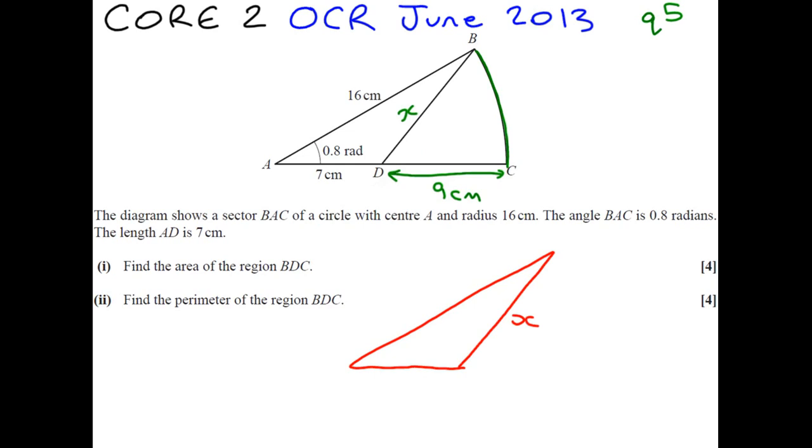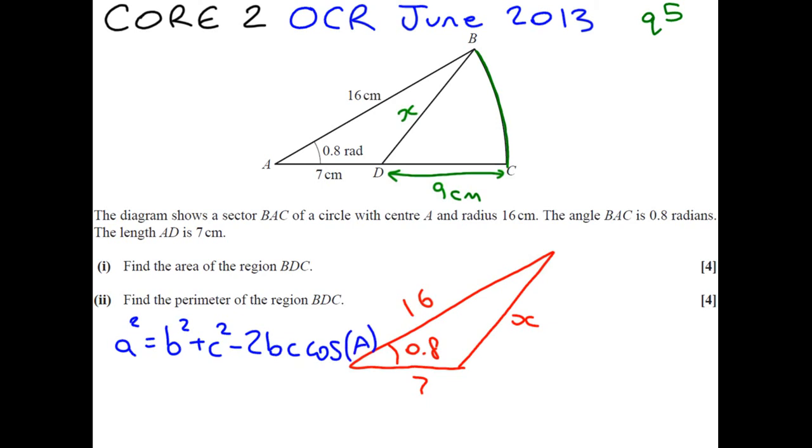We've got the angle 0.8 radians, 16 and 7. What you're going to have to use is the cosine rule. The cosine rule says a squared equals b squared plus c squared minus 2bc cos A, where A is the angle you know. Opposite the angle is where you label the corresponding length, so this is a, and the others can be b and c in either order.